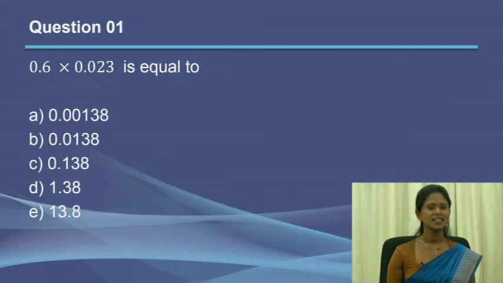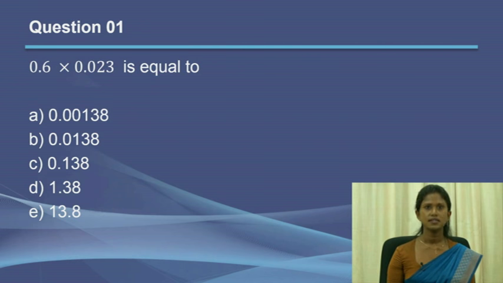This is a very easy question. What you have to do is 0.6 multiplied by 0.23. In this type of question, first forget about the decimal points. Just multiply 6 by 23. The answer is 138. Next, pay attention to placing the decimal point.